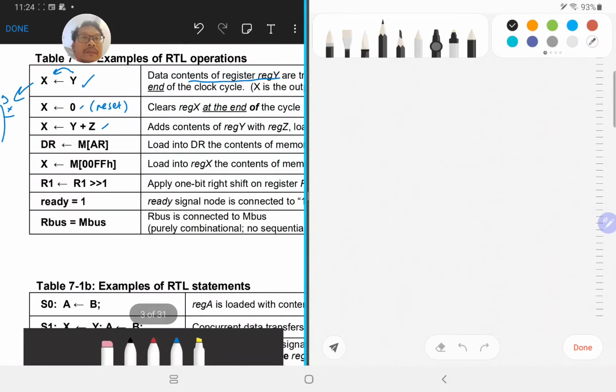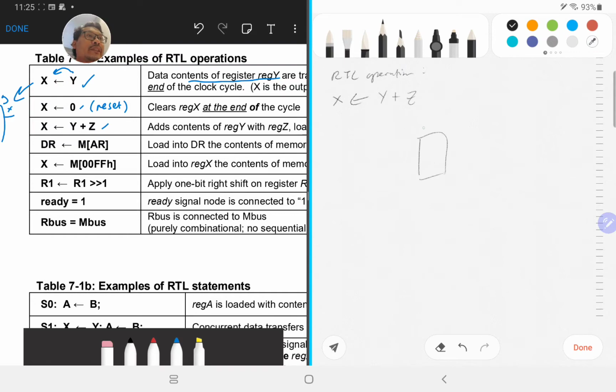So if we have, for example, the RTL operation X arrow Y plus Z, what is going to happen is we transfer the output of the Y register plus the output of the Z register, and put it inside the X register.